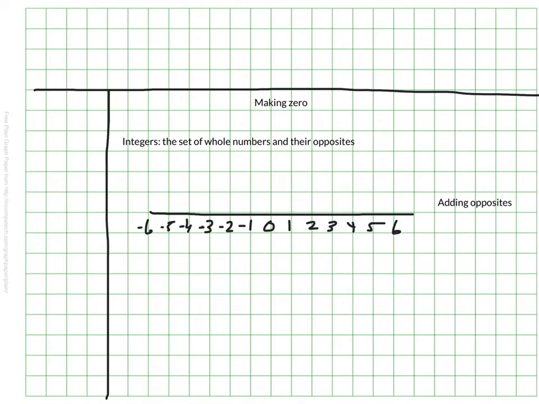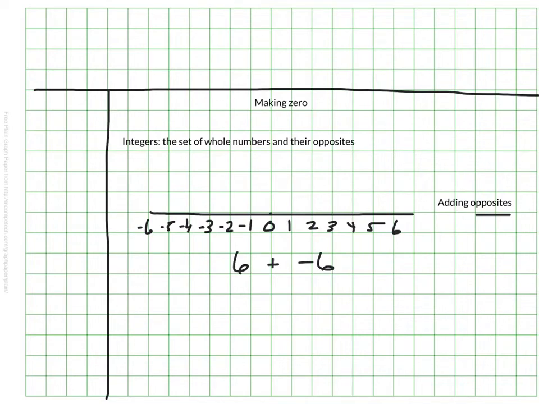When we're adding integers together, let's talk specifically about adding opposites together. It's almost like there's a tug of war along the number line. So if I wanted to add 6 and -6, I'm adding opposites.